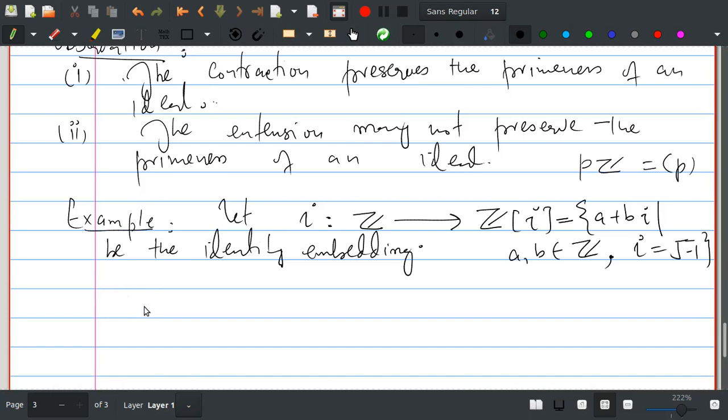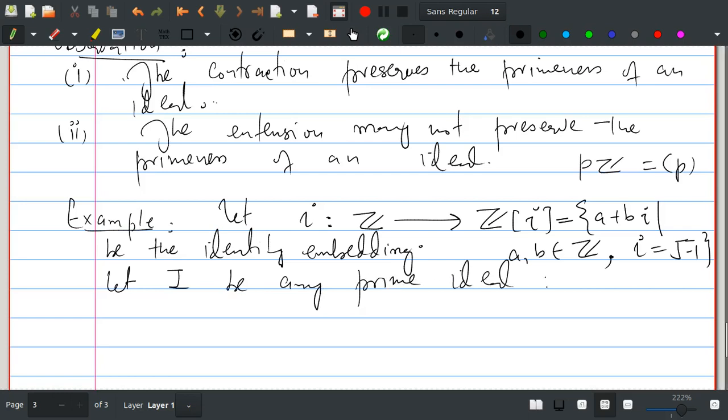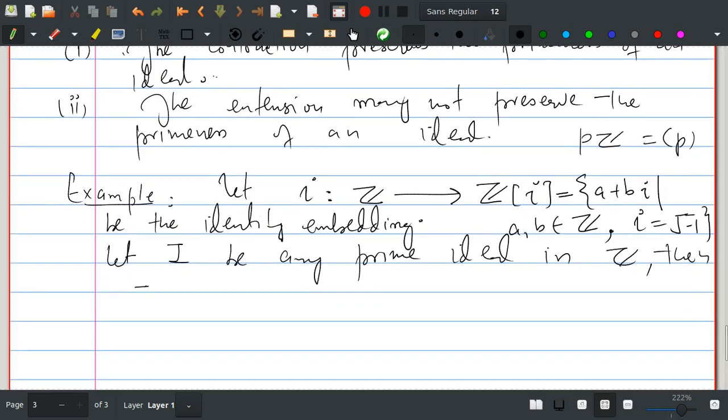So let I be any prime ideal in Z. Then I is pZ, which is the same as the ideal generated by p, where p is a prime number.